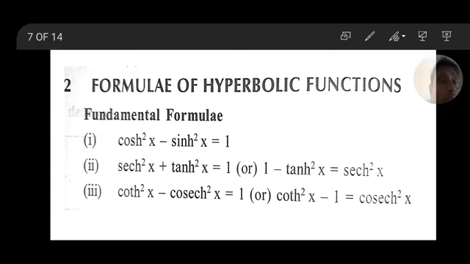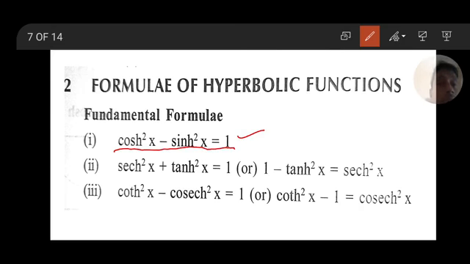Formulae of hyperbolic functions. Fundamental formulae. First one, cosh square x minus sinh square x equals 1. In trigonometry, for trigonometric ratios, sin square theta plus cos square theta equals 1. But here, cosh square x minus sinh square x equals 1. Slight difference. You have to remember this difference. Okay.